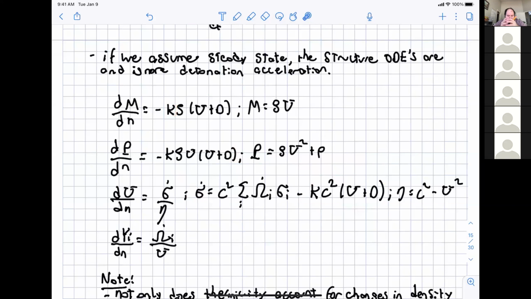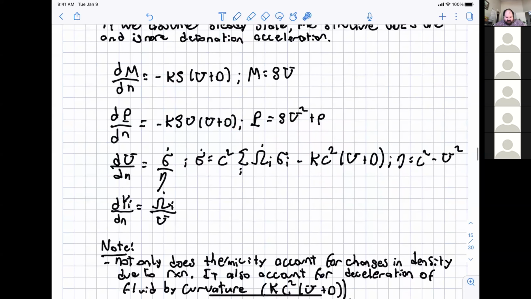So we're given a value of kappa, and we want to find the detonation velocity. The procedure here is a little more involved because we can't just go to the PV diagram and use the Rankine-Hugoniot relations. They don't tell us anything because they don't account for curved detonations.